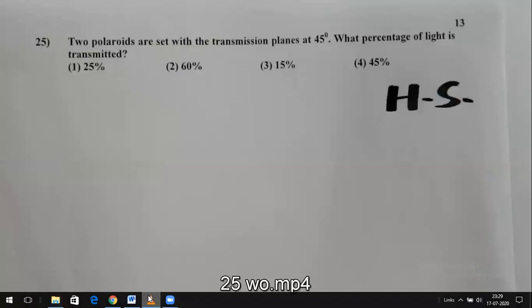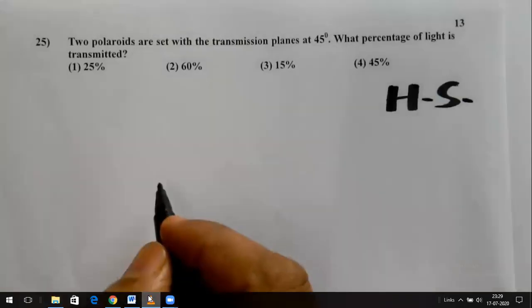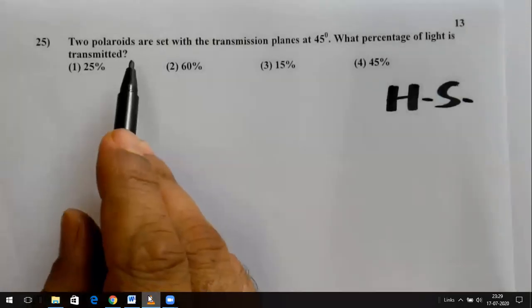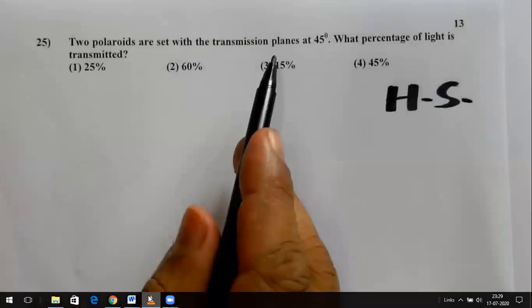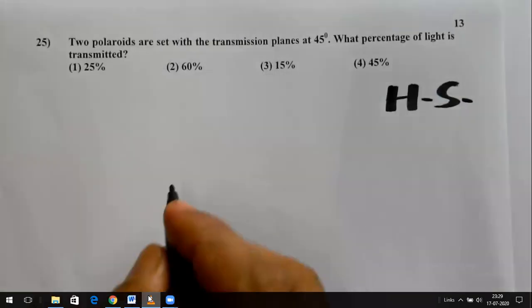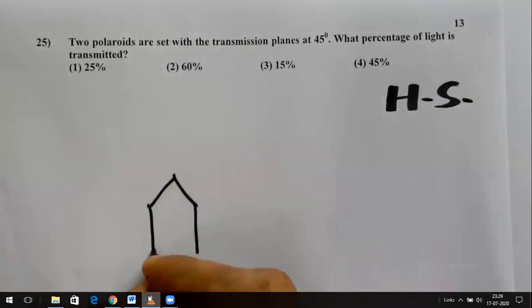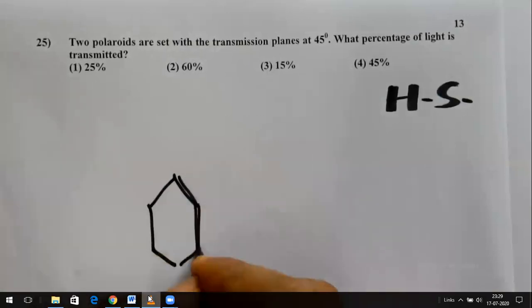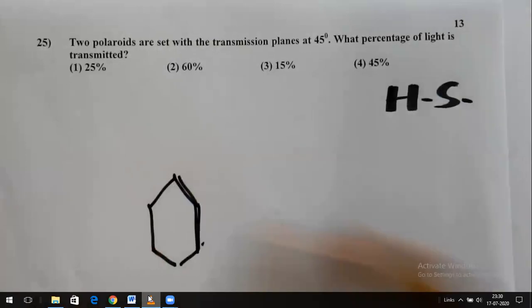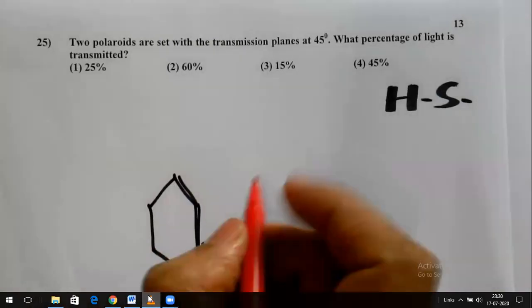Two Polaroids are set with the transmission planes at 45 degrees. What percentage of light is transmitted? Now, suppose you have unpolarized light and two Polaroids kept at 45 degrees. So the incident light is unpolarized. Suppose the first Polaroid is like this, and the second Polaroid is at 45 degrees, kept a little away like this.